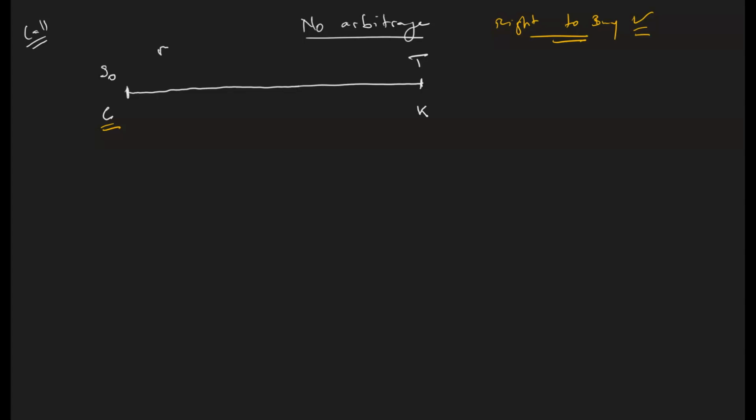And so what you want to be able to do is accumulate capital today that's going to be invested and used at some point in the future in order to acquire the underlying.